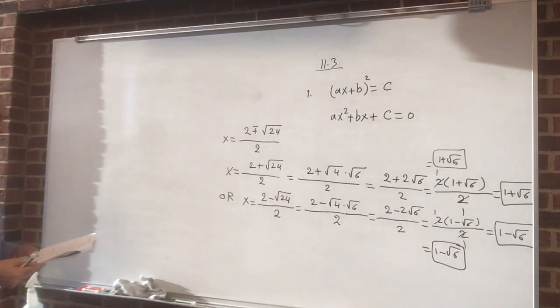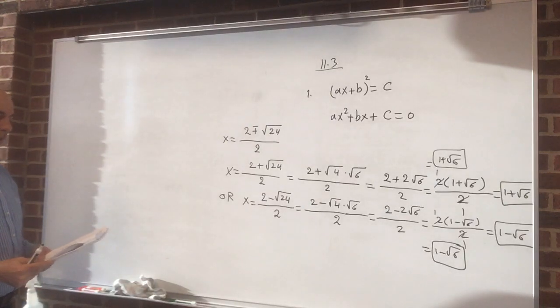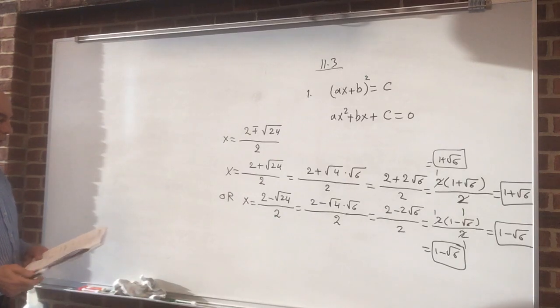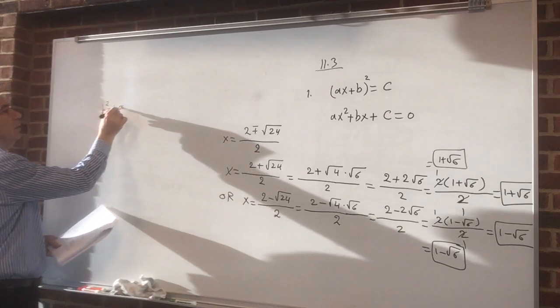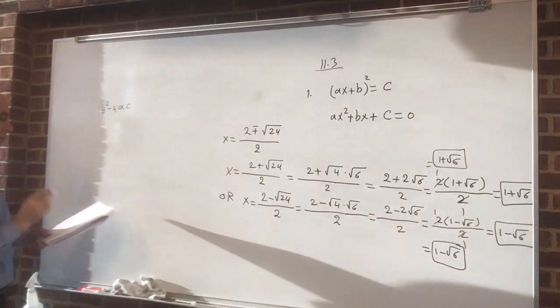The discriminant and equations that can be written in quadratic form. So here, b squared minus 4ac is called the discriminant.